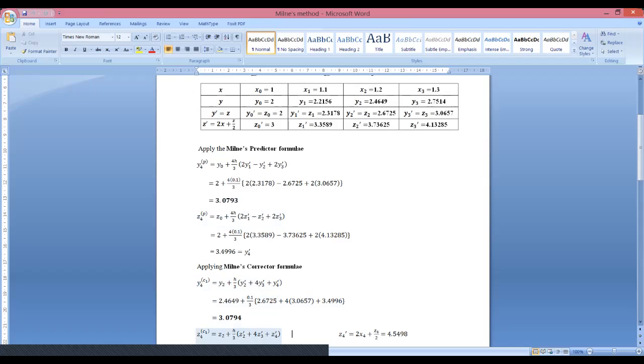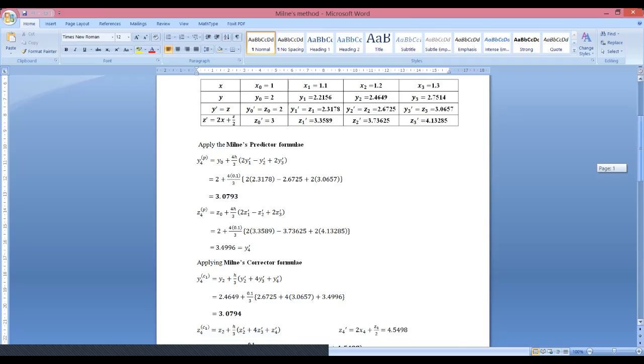So the formula is z2 plus h by 3, z2 dash instead of y2 dash, then 4 times z3 dash, then plus z4 dash. Now substitute the values. z2 we have from the table here. Then z2 dash and z3 dash we have from the last row here. But we don't have the value of z4 dash. Now that we need to calculate.